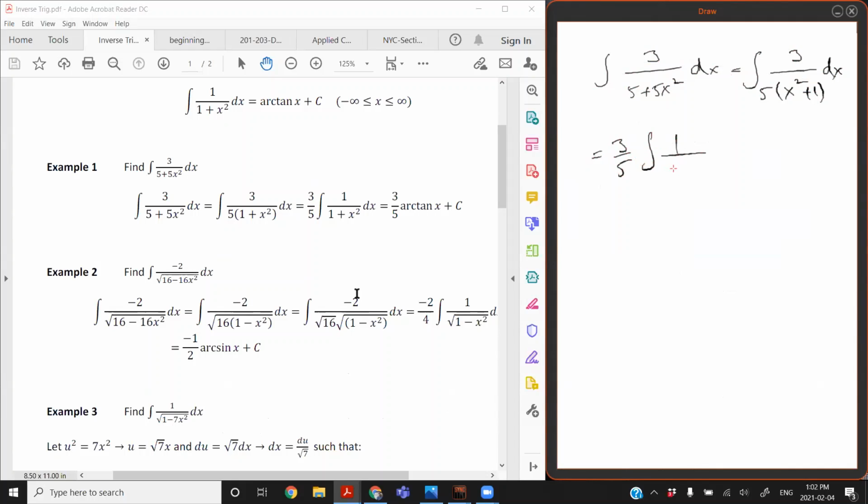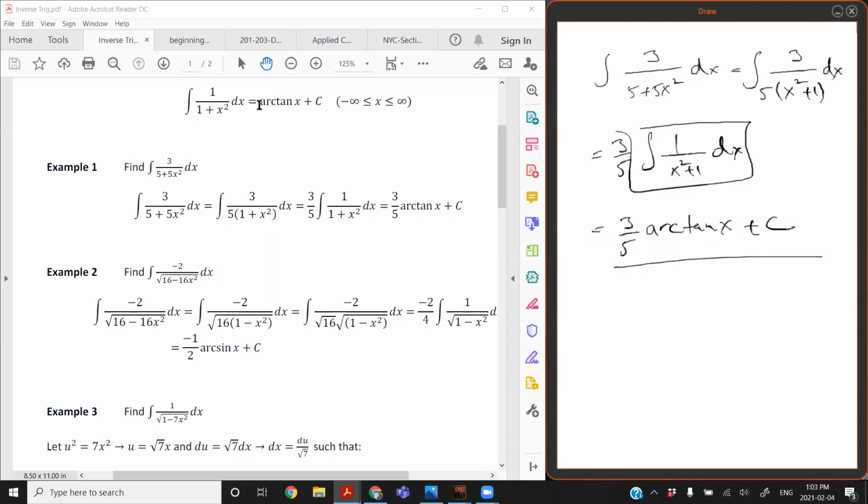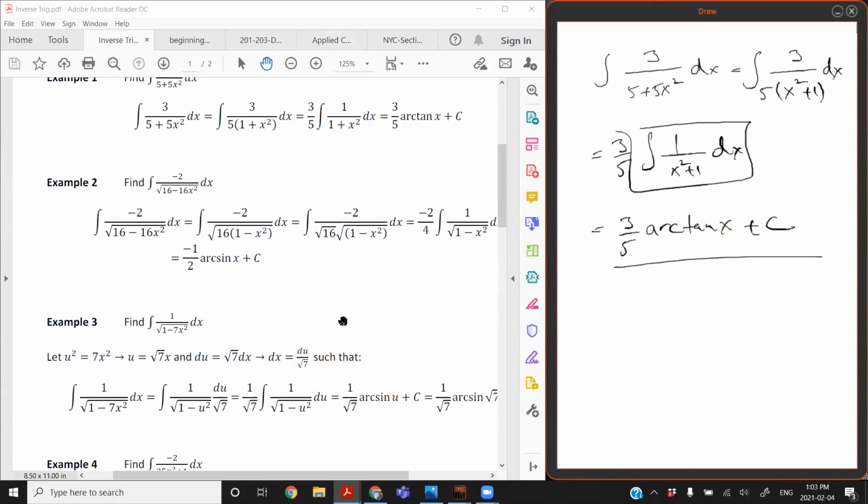I am dealing with this, 1 over x squared plus 1, and I have the formula over here. The antiderivative of that is arctangent. So the answer is going to be 3 over 5 arctangent of x plus c. Is that clear? Yes. Example 2.